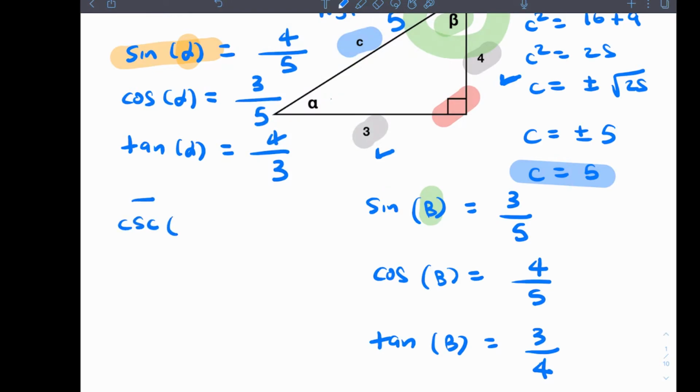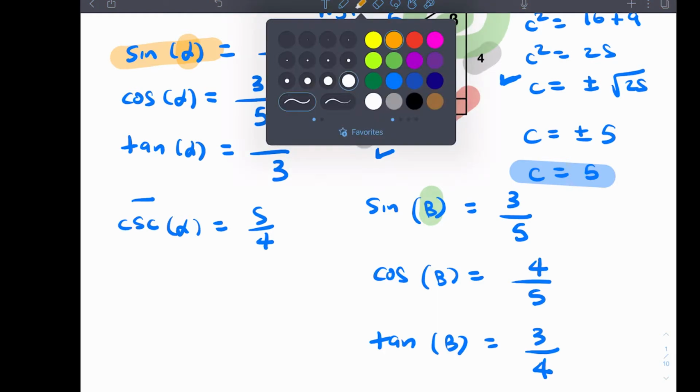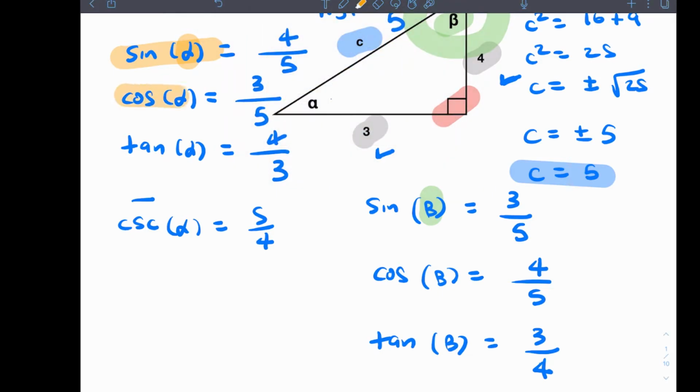It's the opposite letter. And then that ratio I can flip over. It will be 5 over 4. There you go. And again, what's the reciprocal of cosine? Well, it's the opposite letter, secant. Just flip that fraction over.